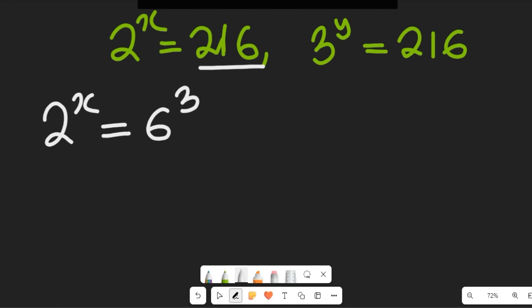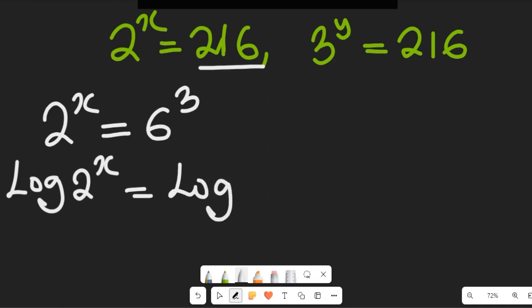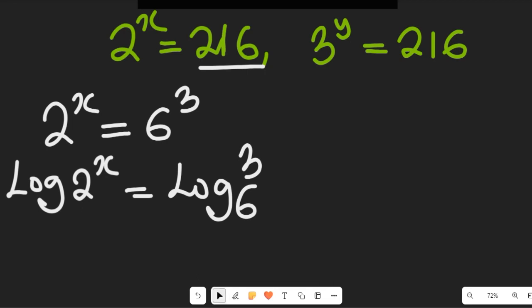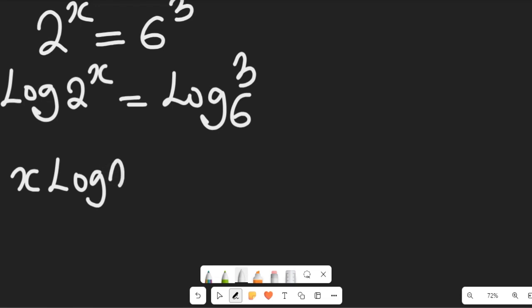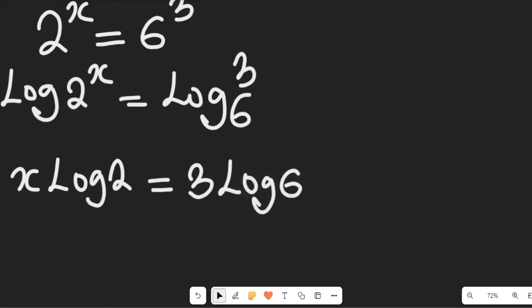If we take the logarithm of both sides, we'll have the log of 2 to the power x base 2 equal to the log of 6 to the power 3. So according to the law of logarithm, x will multiply the log of 2. So we'll have x multiplied by the log of 2, and this will be equal to 3 multiplied by the log of 6. And I guess you know about that law of logarithm.